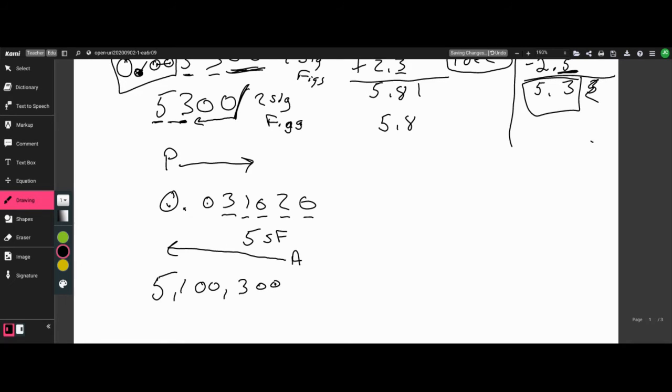It doesn't count. That's a 0. It doesn't count. We have a 3. That's the first non-zero number. Every number after it becomes significant. 1, 2, 3, 4, 5. All those numbers from the 3 all the way to the 5 in the 5 million become significant. This has 5 significant figures. So the answer there is also 5 sig figs.